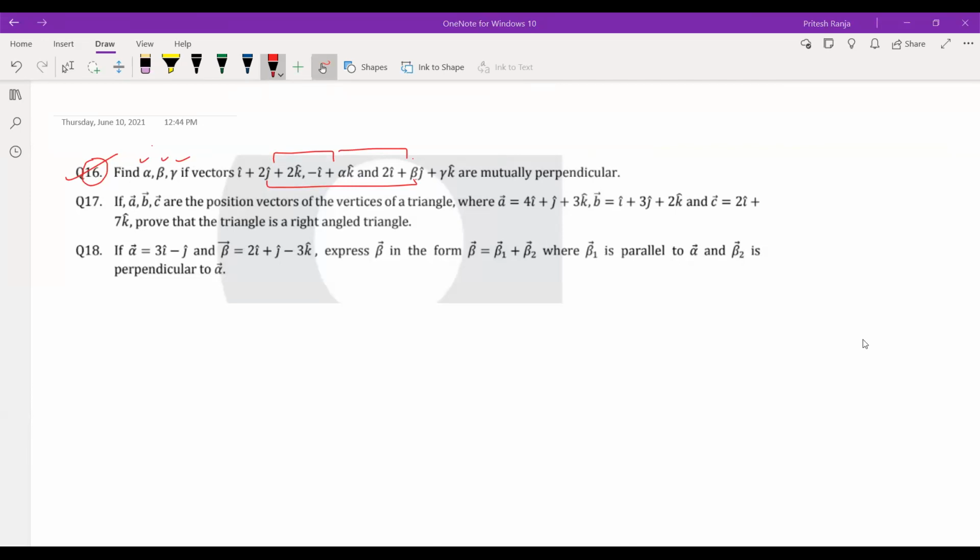Let me know the answer in the chat. Shuktika, जल्दी से इसको करो. Let me know what doubt you have now in this.